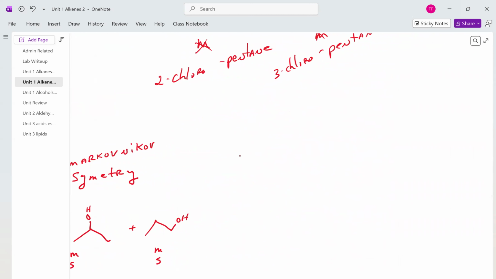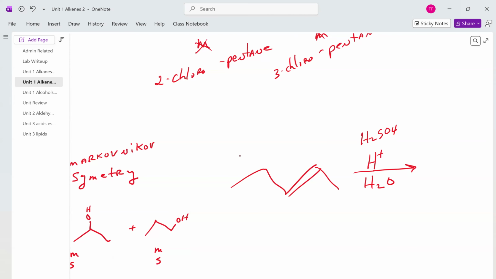So let's start with... now when you add water, you have to add it with an acid catalyst. You can say H plus, or it's always sulfuric acid we're adding. I like to put H plus because that's what's active. The sulfuric acid has a bunch of spectator ions there.